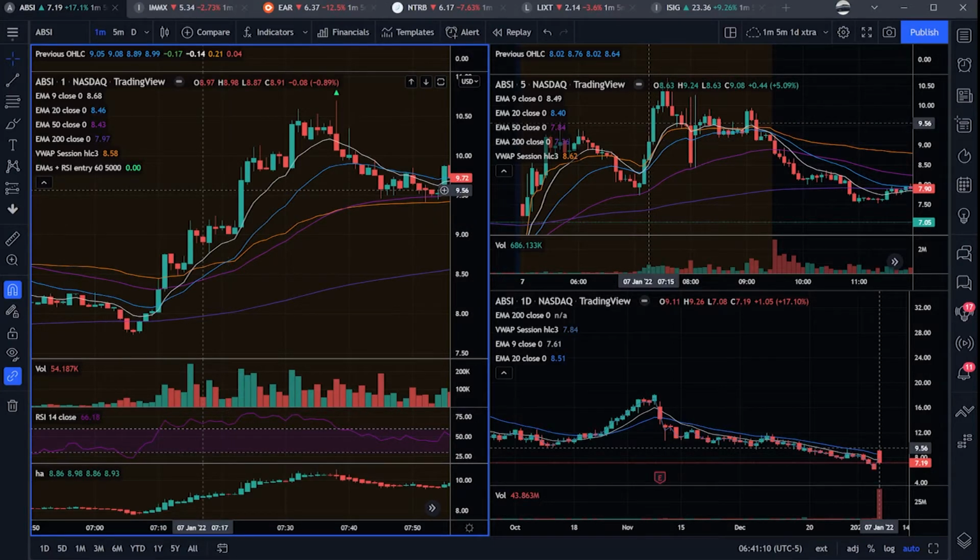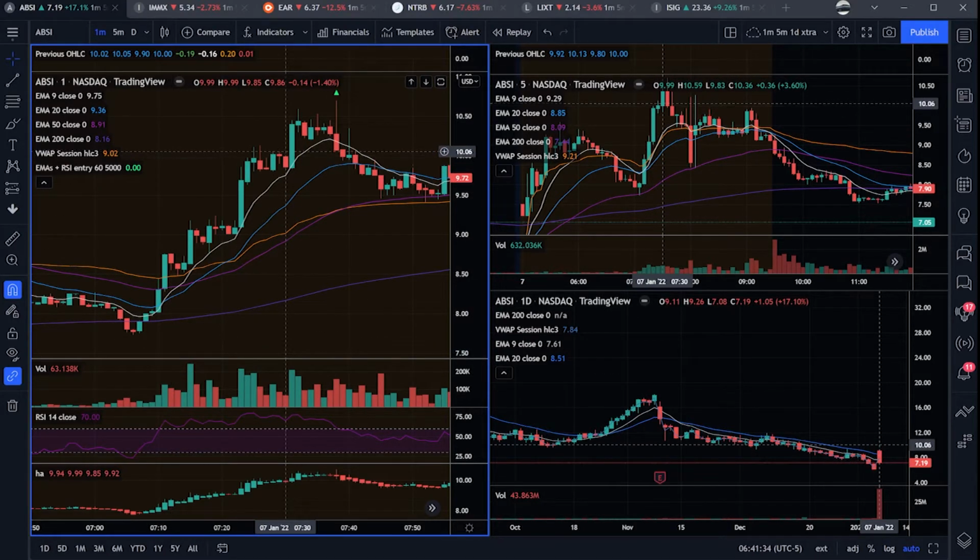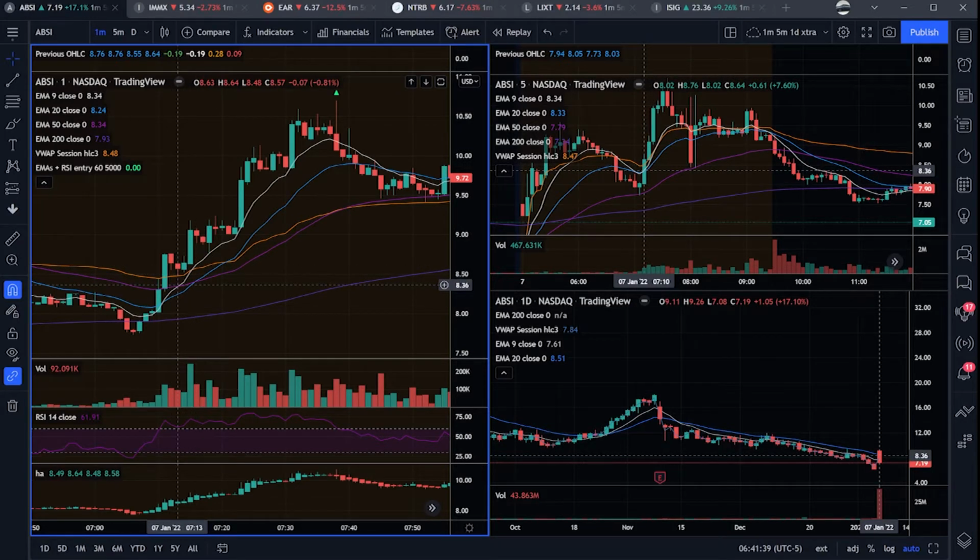Second thing to know, what do we mean with the small caps? Small caps, as illustrated in a video that I made some time ago, are stocks that usually have low float. With low float I mean below 300 million shares, and relatively low price, so let's say below $30.